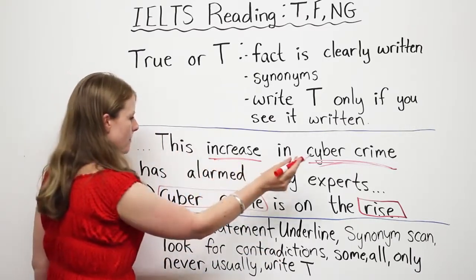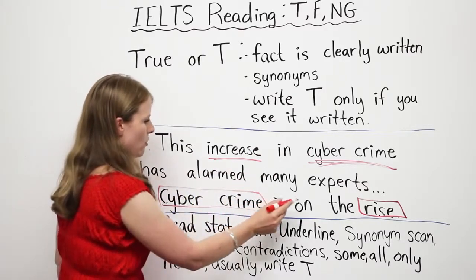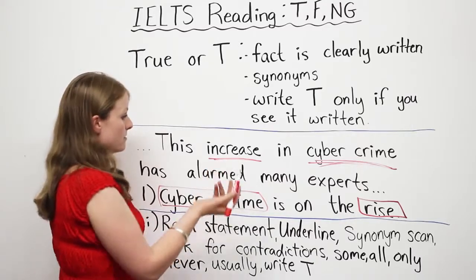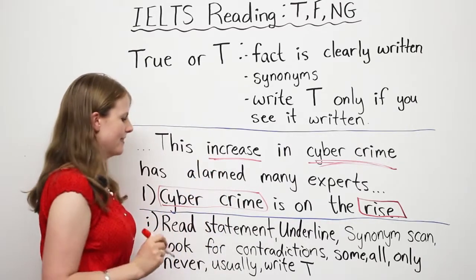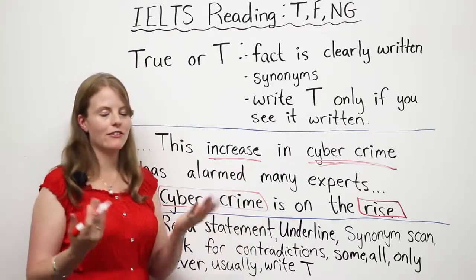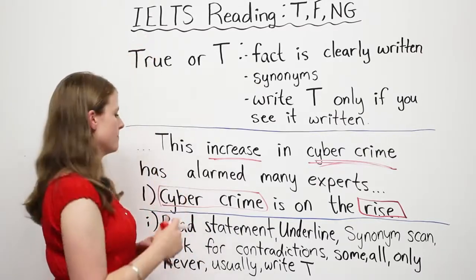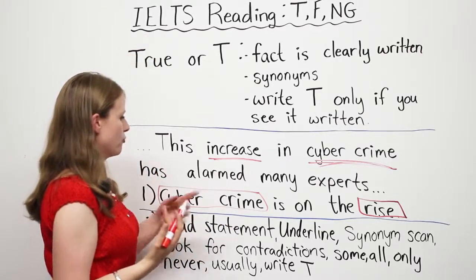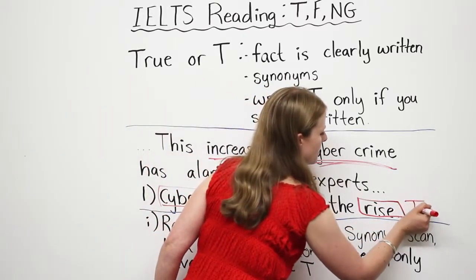This increase in cybercrime has alarmed many experts. Cybercrime is on the rise. Both the reading passage and the statement are saying cybercrime is increasing. It's going up. So that would mean it's true. So I could write T beside this.